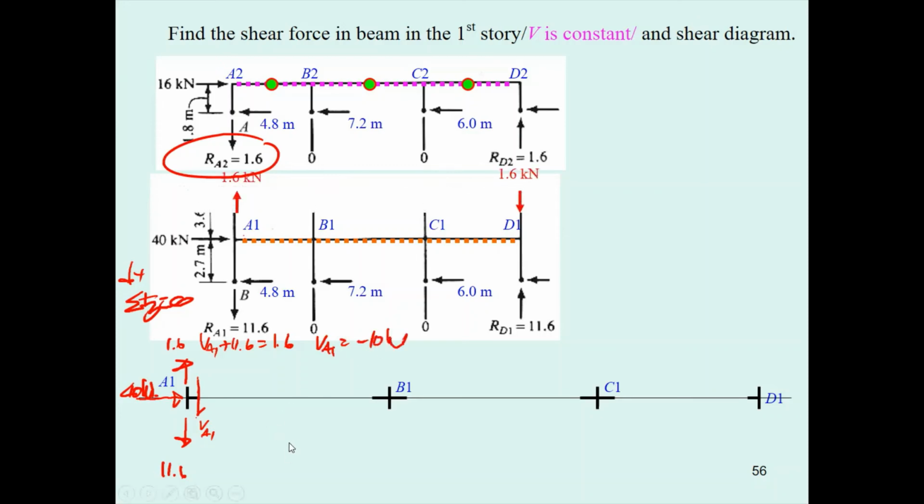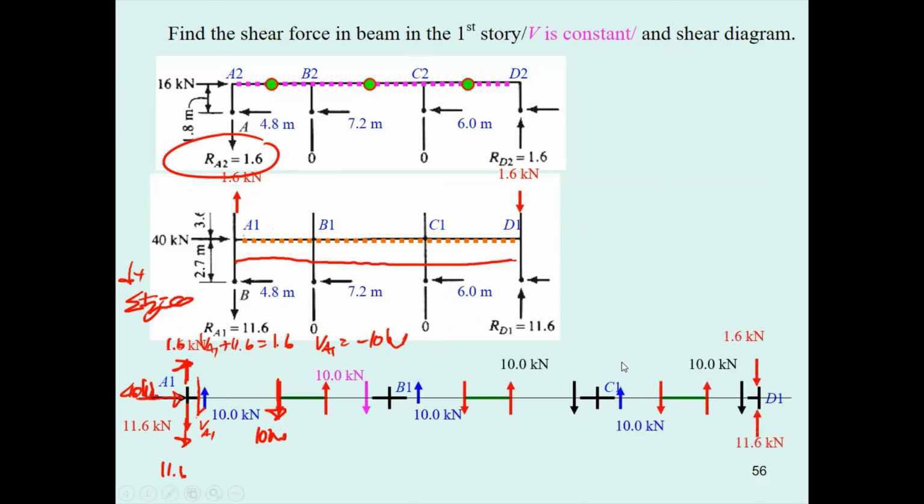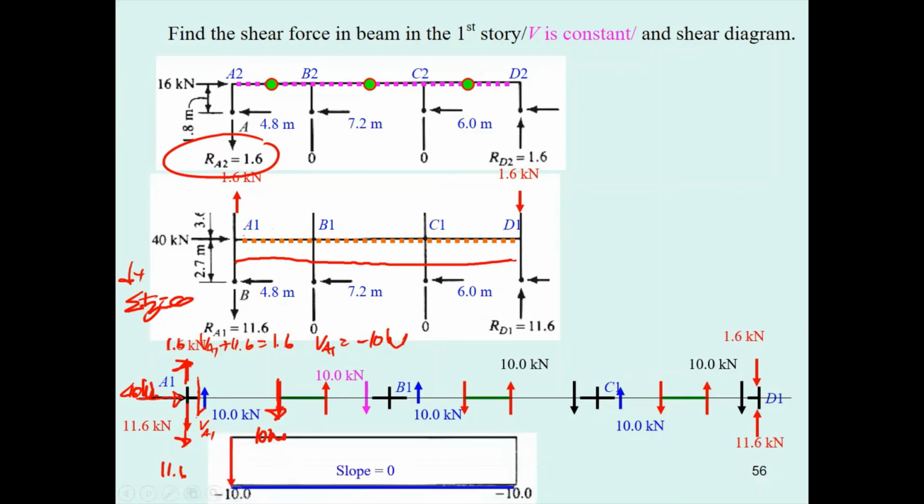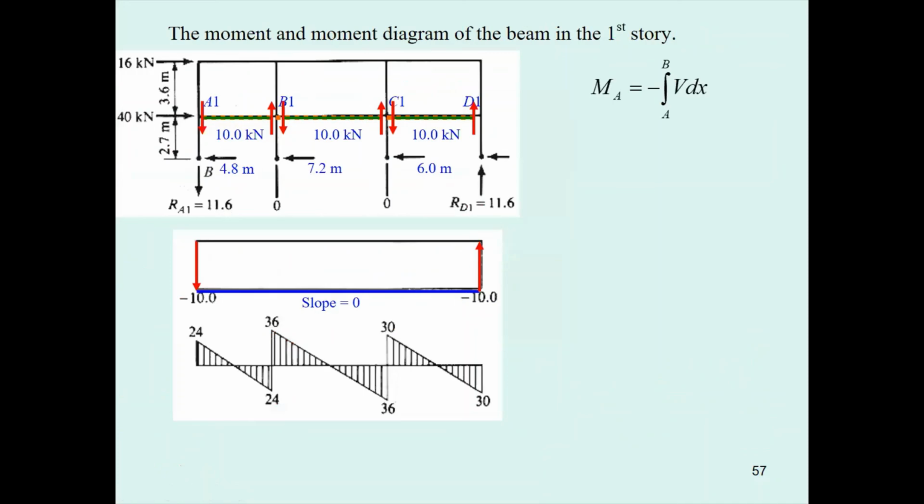So what we have is going to be upward. It's minus 10, so you change this one to upward, and this will be a shear force of 10 kilonewton, and all the shear forces are equal. You may draw the shear diagram based on this: it equals minus 10 with the slope equal to 0. Then we can draw the moment diagram. Where does 24 come from? It comes from this area, which is half of this.